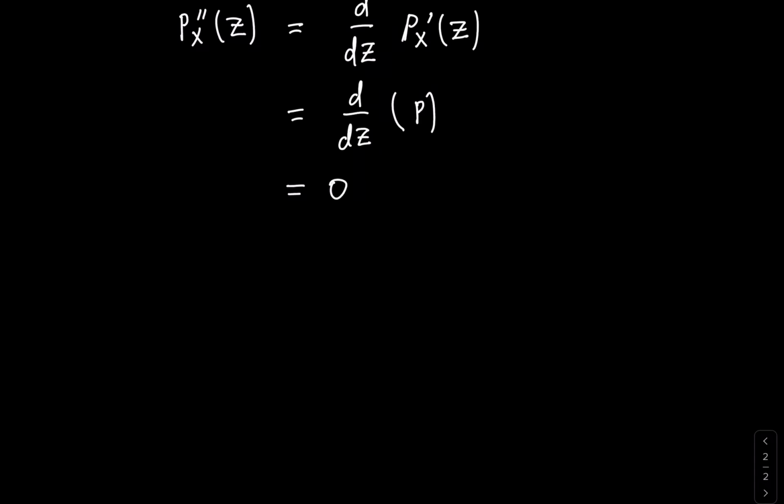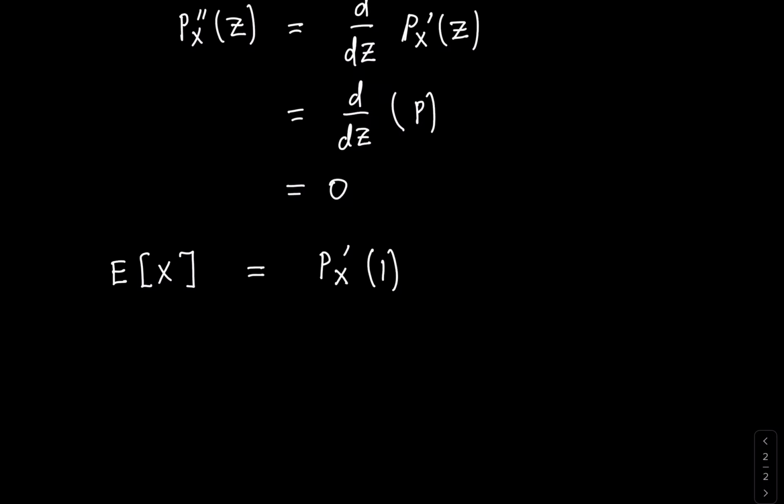So to determine the first moment, or in other words the expected value of x, and the variance of x, let me first look at the expected value of x. This is equal to the probability generating function differentiated with respect to z evaluated at 1.